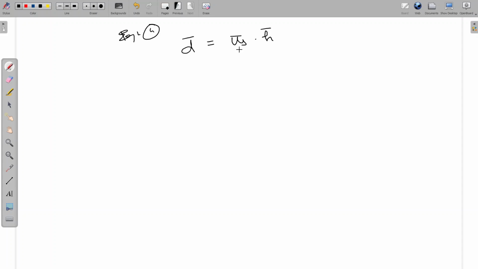Now I am interested to know how to find out the average time headway. Average time headway will be equal to what? Let us see how to find out.